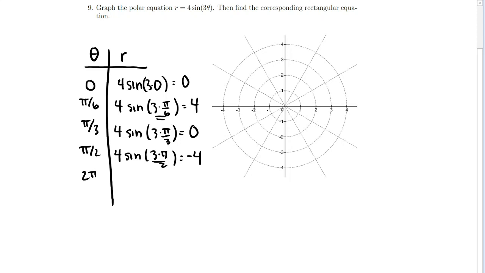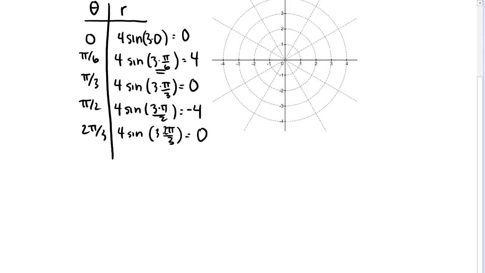We've got 2 pi over 3. This is 4 times sine of 3 times 2 pi over 3, which is the sine of 2 pi, that's 0. And then 5 pi over 6, 4 times sine of 3 times 5 pi over 6.